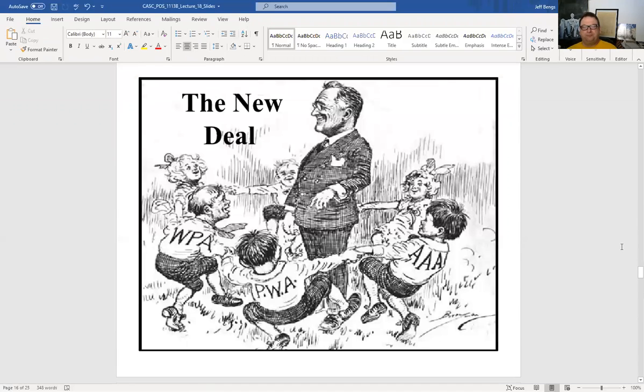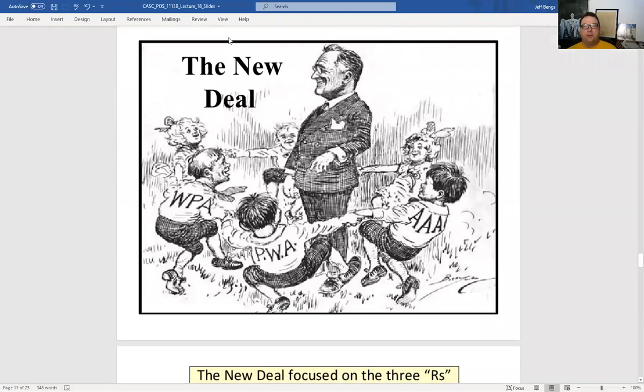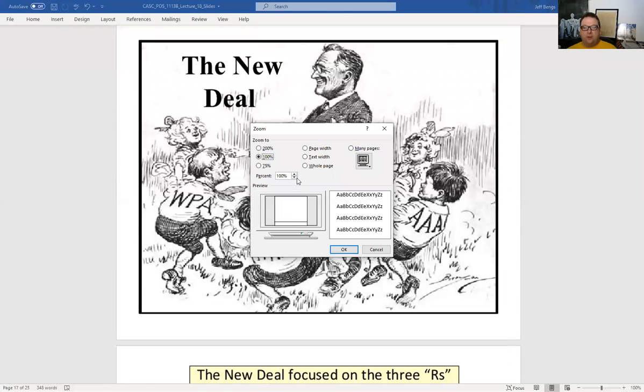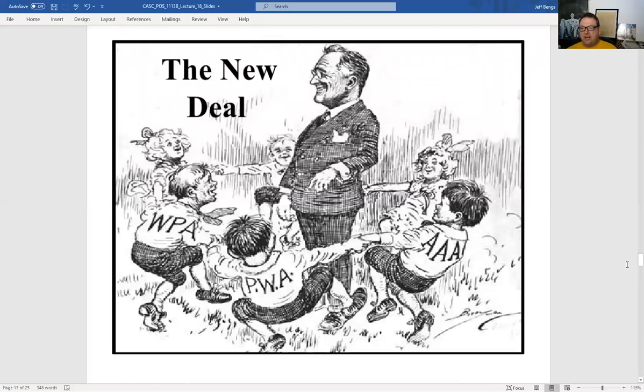All right, so Franklin Roosevelt followed Herbert Hoover. And if you remember, Hoover was not a steward type of president. He was the kind that is hands off.